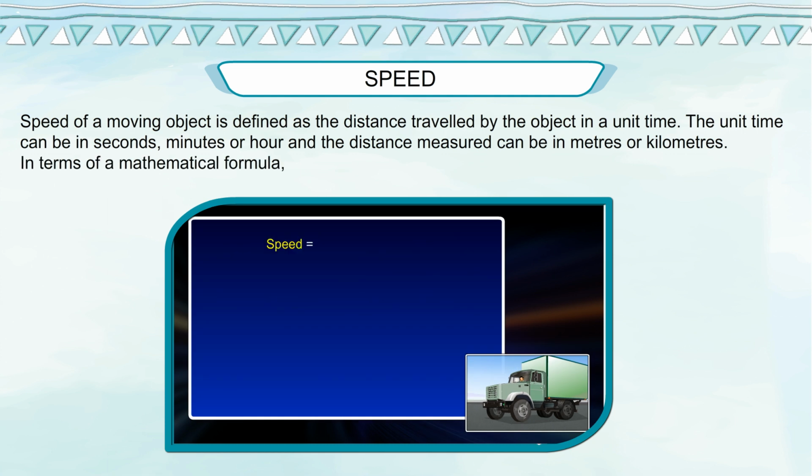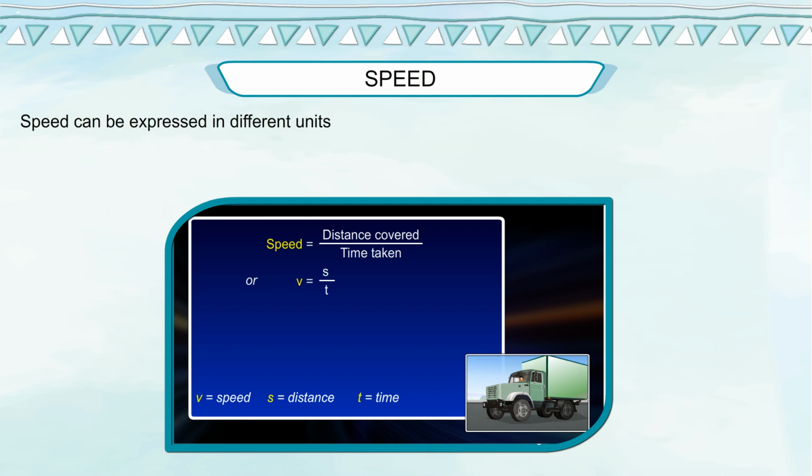In terms of a mathematical formula, speed is equal to distance covered upon time taken, or v = s/t, where v is speed, s is distance, t is time.